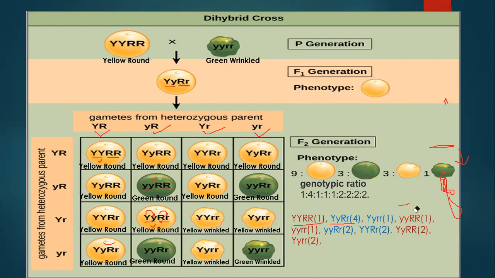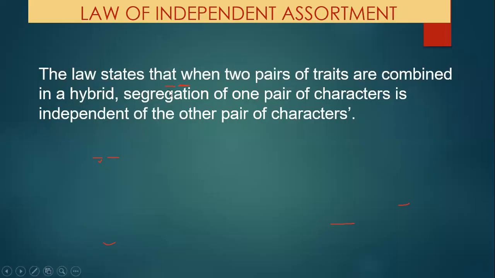Let us see once again what the law of independent assortment says. It says that when two pairs of traits are combined in a hybrid, the segregation of one pair of characters is independent of the other pair of characters.